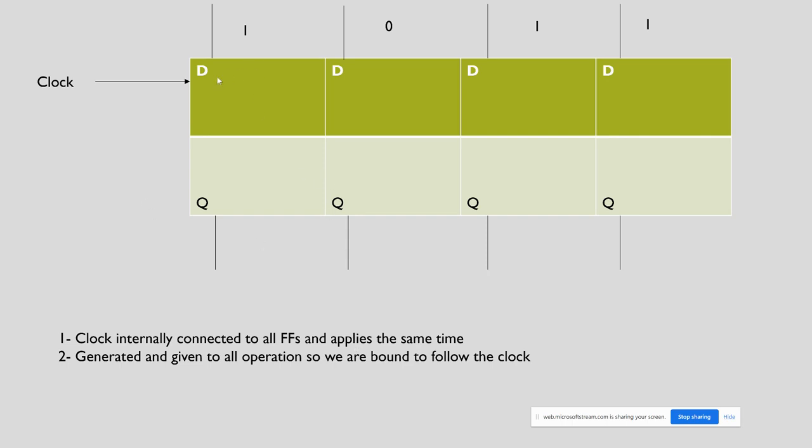So rather than having a clock in every single flip-flop block, why don't we just have one clock generator given to all operations, so they are all connected at the same time. But the thing with this is that we are bound to follow this clock. They all have to follow this clock.